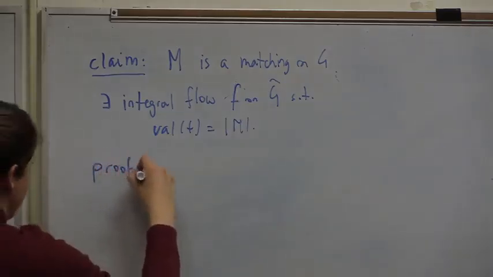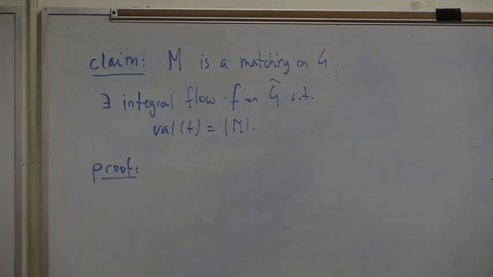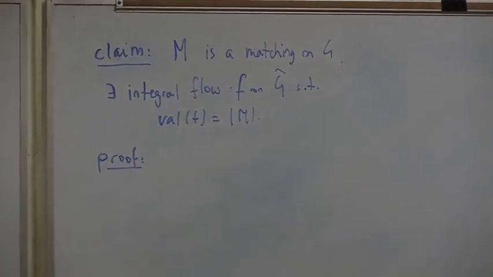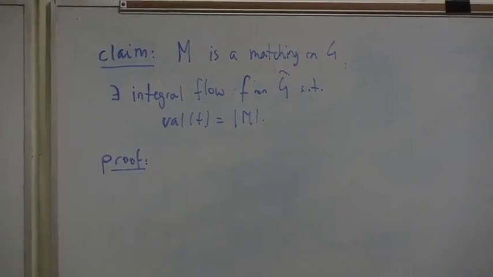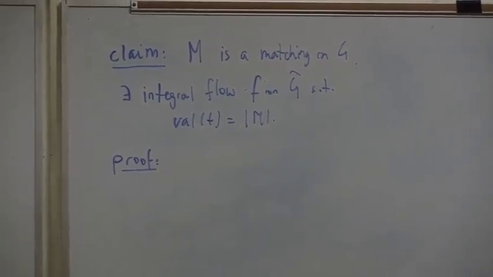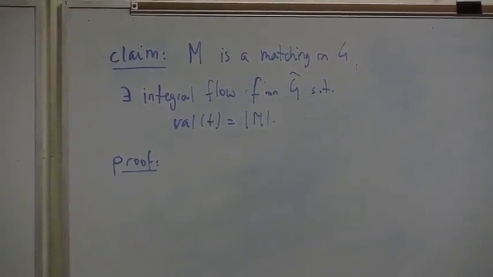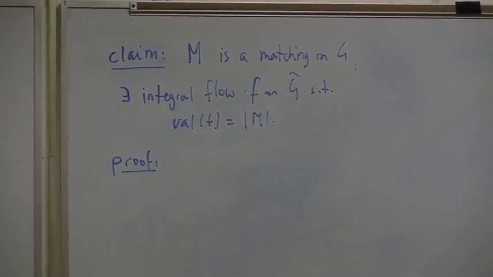So this proof is pretty simple, right? Because look, this is the network that we're on, and we have some matching. Say the matching says, but it doesn't have to be a maximum matching, it's just some matching, please pick this edge and this edge over here, right?